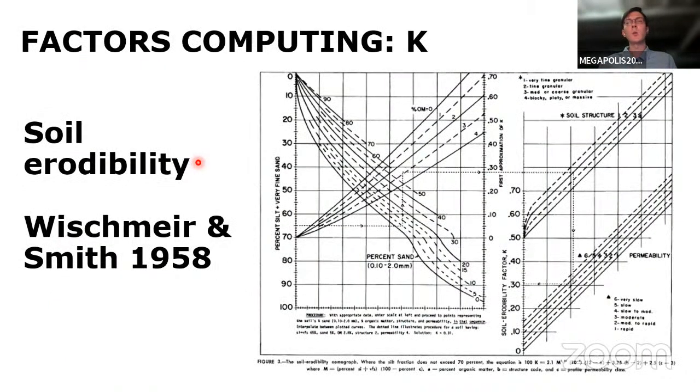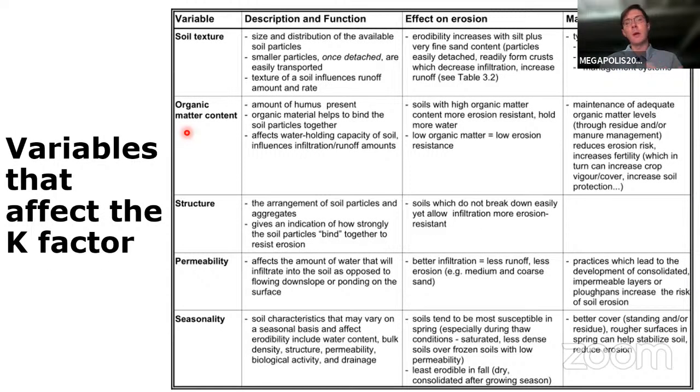The second factor we're going to talk about is soil erodibility. It is the factor K, which describes how much soil is detached by one raindrop. Wischmeier and Smith in their initial publication created a lot of nomograms describing the main physical characteristics of soil.